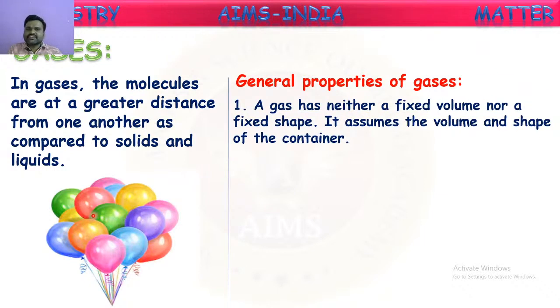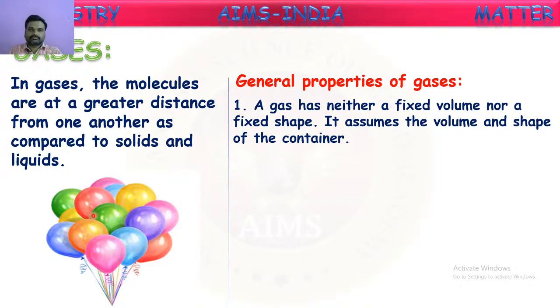A gas has neither a fixed volume nor a fixed shape. It assumes the volume and shape of the container. So we can compare this property to solids and liquids. Solids have fixed shape and fixed volume. Liquids have fixed volume but no fixed shape. Gases have neither fixed volume nor fixed shape.